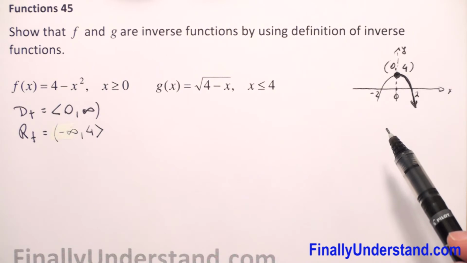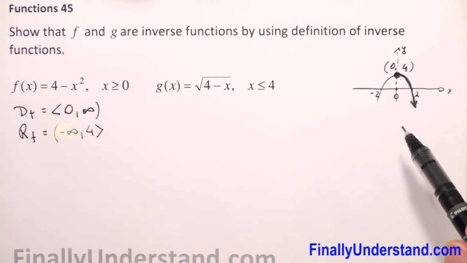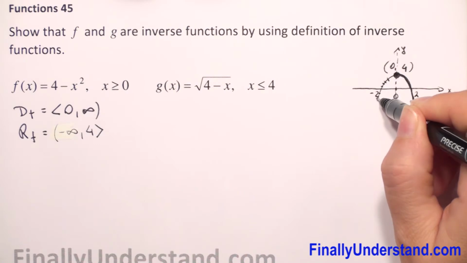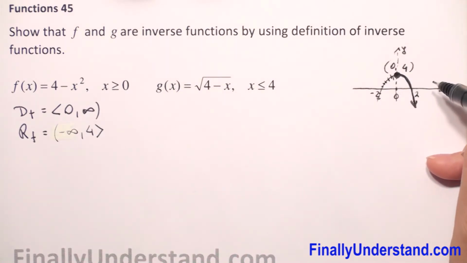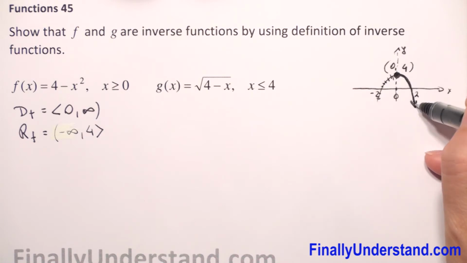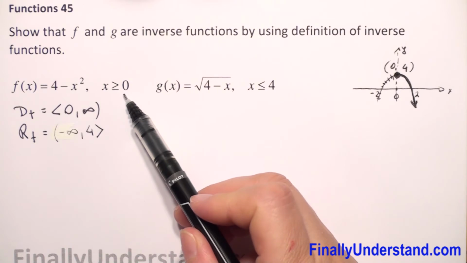We know that a function has an inverse function if it is 1 to 1. So this part is not our function, only the right side of the parabola, because x is greater than or equal to 0.